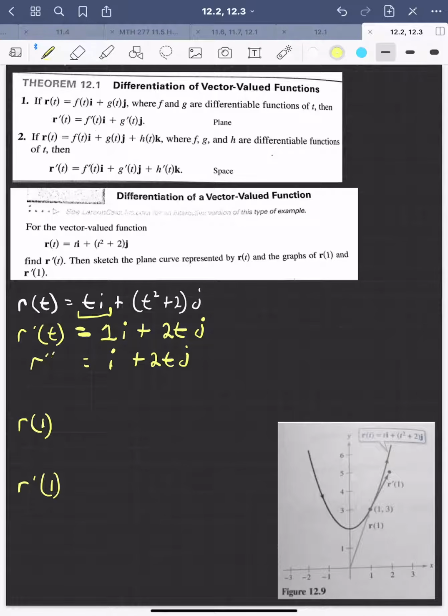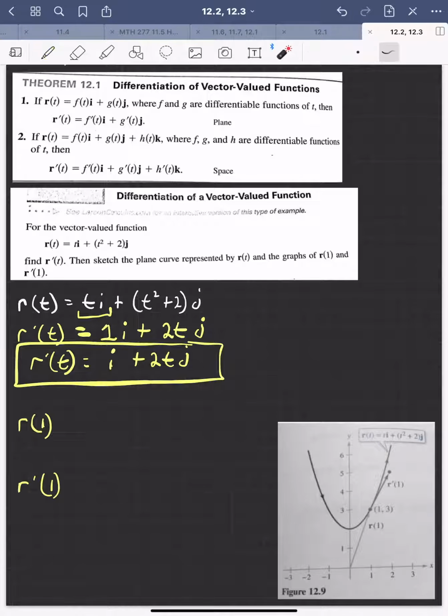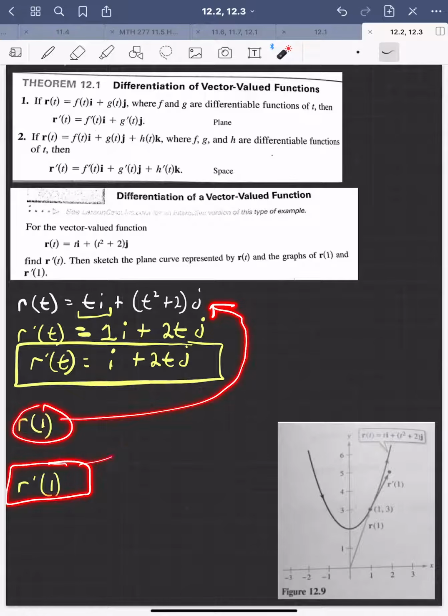There's your r prime of t. Now to evaluate it, quite simply, if you allow t to be 1, for r of 1 we want to plug 1 into the original function. For r prime of 1, we want to plug 1 into the derivative.